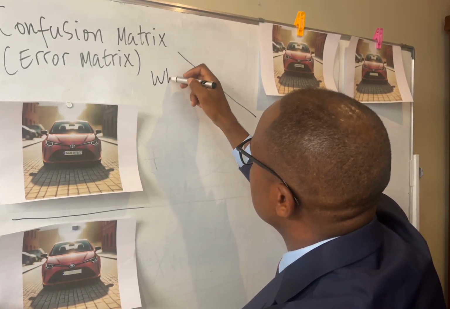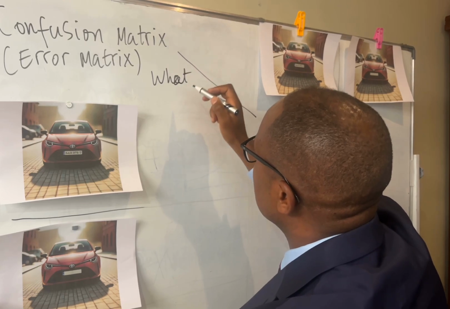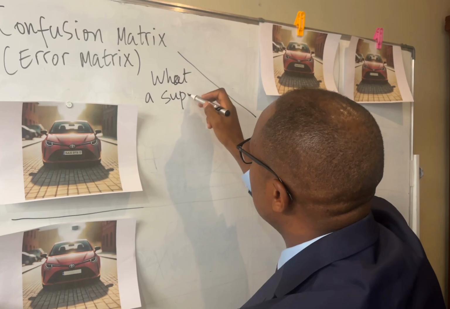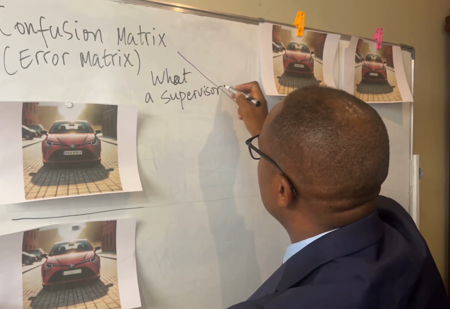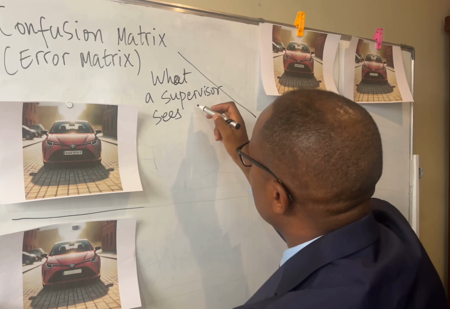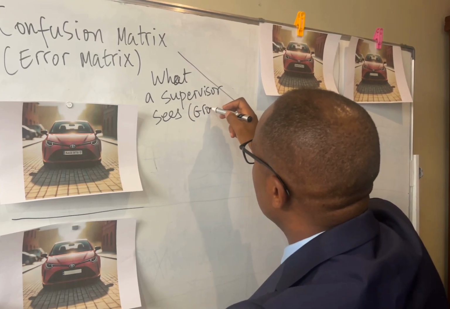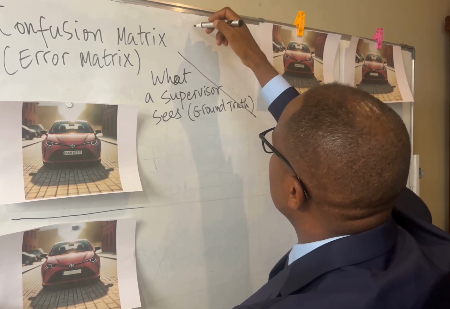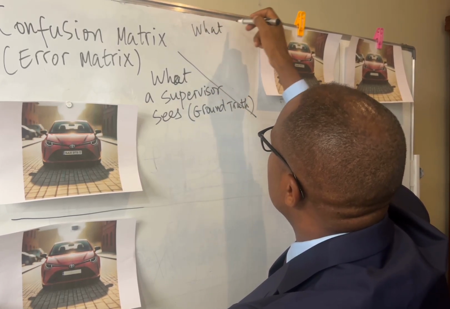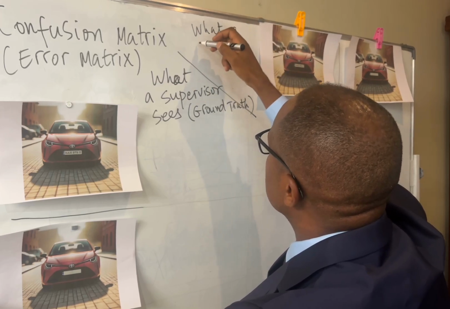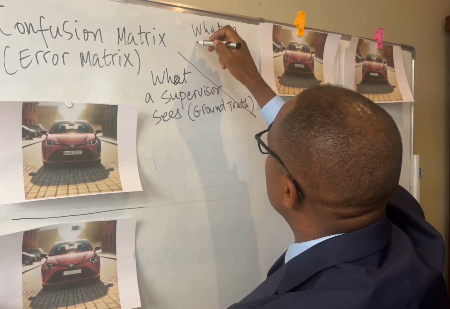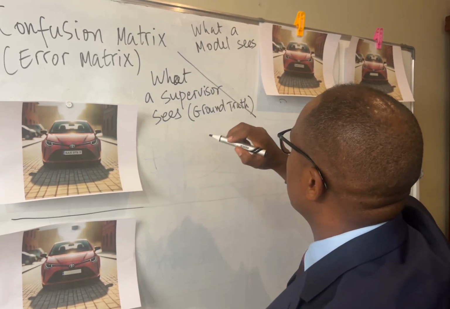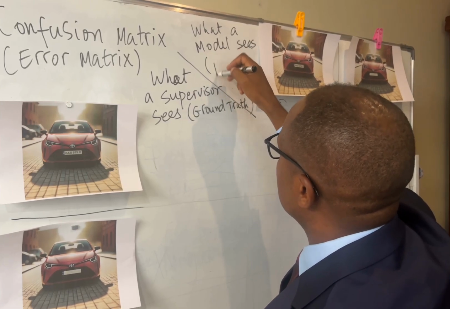What a supervisor sees, that's ground truth. And what a model sees, that's the prediction.